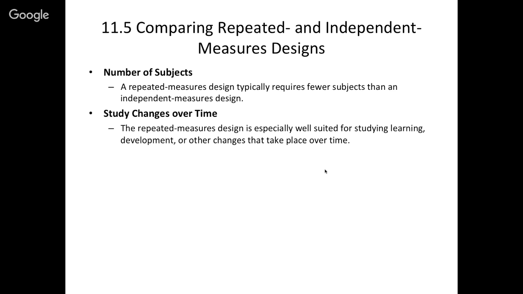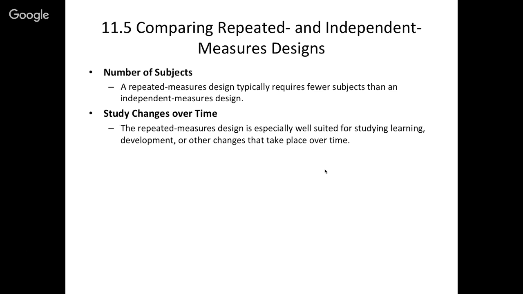The repeated measures design is especially well suited for studying learning, development, or other changes that take place over time. For example, you have the same subject, and you can test them before learning and then test their scores after learning, right?